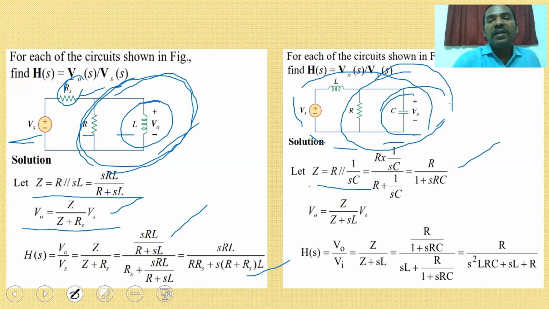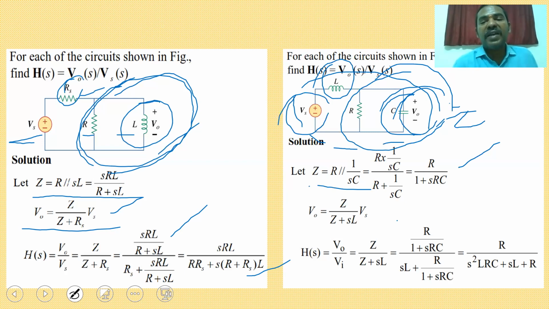So now this impedance here calculated is connected in series with Ls and the applied voltage is Vs. The voltage drop across the impedance is V0 only. So by voltage division, V0 is equal to Z divided by Z plus SL into Vs. So H(s) is equal to V0 by Vs, so Z by Z plus SL.